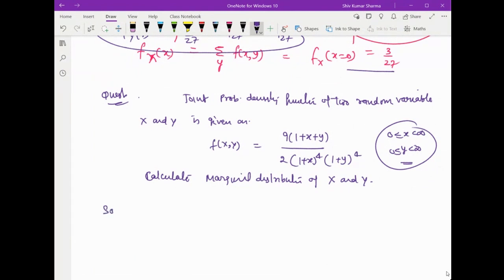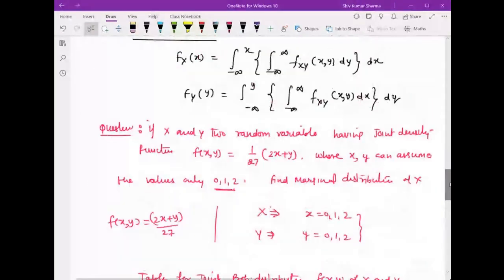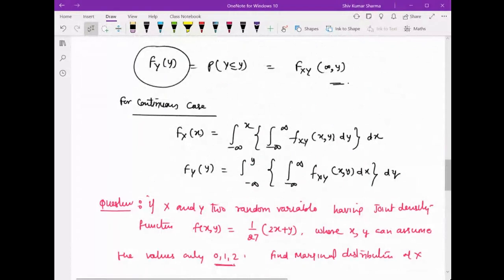For the marginal distribution of x, we have the formula f of x, with limits minus infinity to infinity. That is the double integral case, but for the single case you can write the formula f of x equal to the integral from minus infinity to infinity of f of x, y into dy.